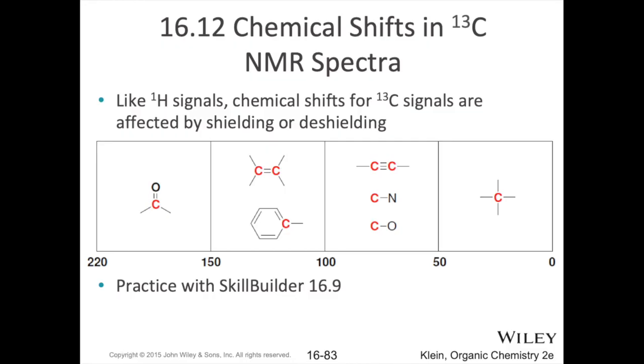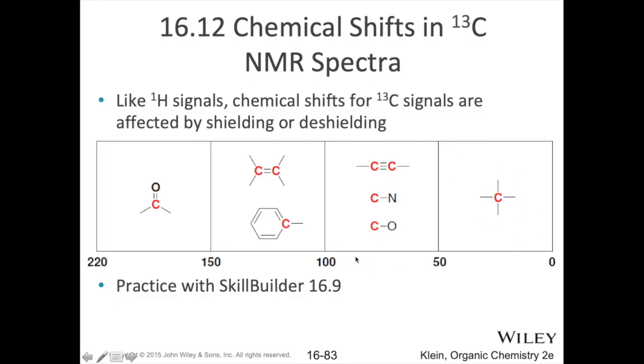Now, I mentioned that chemical shifts tell you a lot of information as well. Depending on the environment, the type of bonds your carbons have, they'll show up in different regions of your 0 to 220 ppm range. If you have a carbon with only single bonds, an sp3 hybridized carbon, it will typically show up between 0 and 50 ppm.